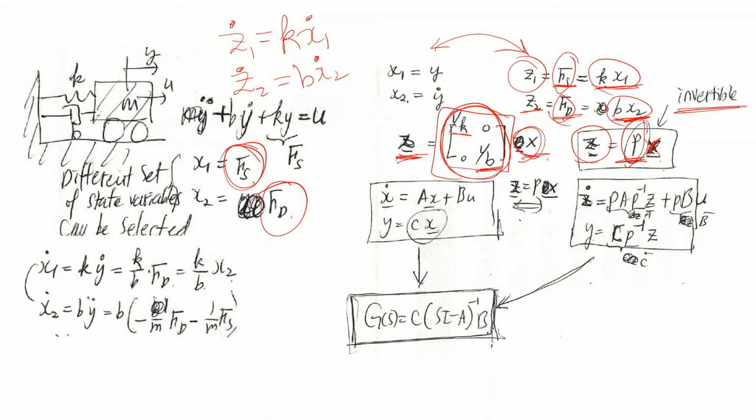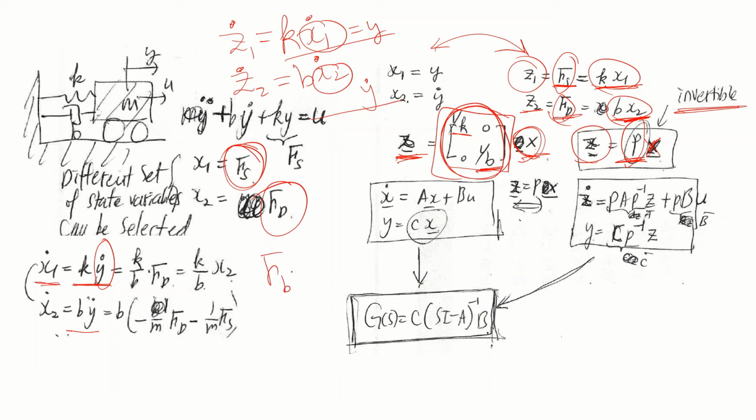In here, see this x1 dot is k times y dot, right? Because this is y and this is y dot, and so this is k times y and this is b times y double dot. Okay, but y dot is what?